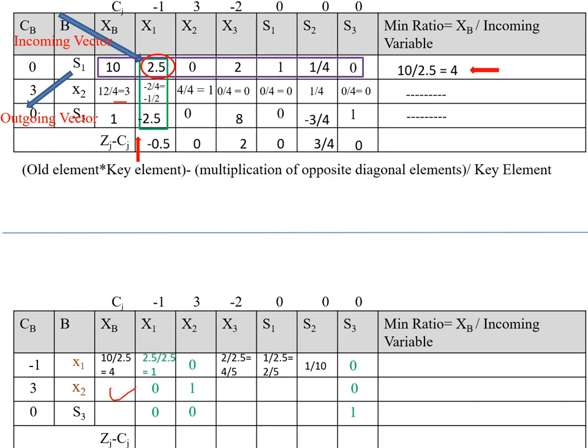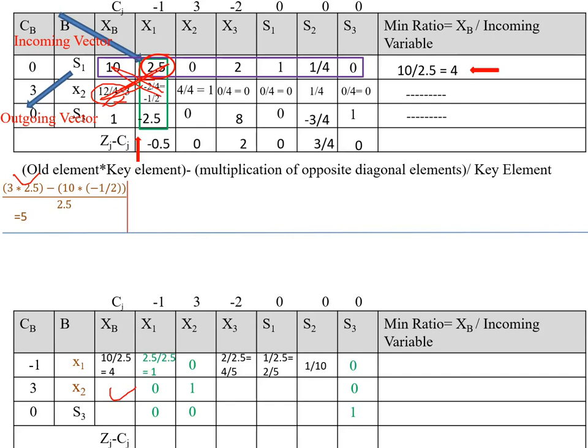So first we have to identify the old element is the 3 and the key element is the 2.5 and opposite diagonal elements are the 10 and minus 1 by 2. So old element 3 into key element 2.5, 3 into 2.5 minus multiplication of opposite diagonal elements. For these two opposite diagonal elements are the 10 and minus 1 by 2.